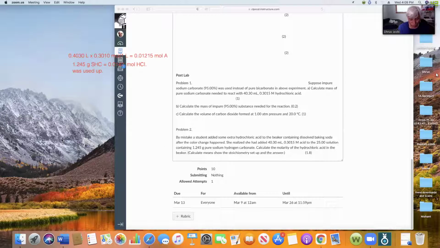You guys are responsible for doing the calculation. So everybody change your number to 1.000 gram pure sodium hydrogen carbonate instead of 1.245. Then you do the calculation, and we just explain to you what to do. So you do it now.